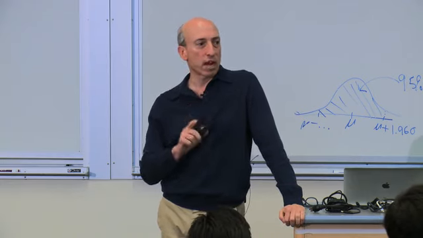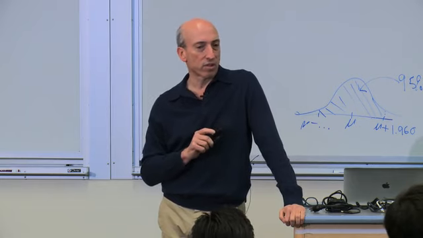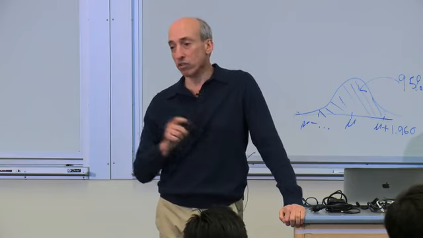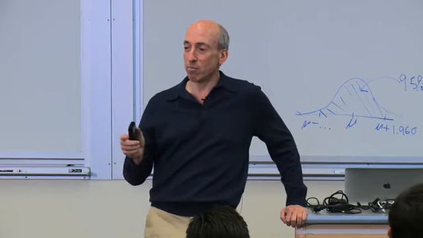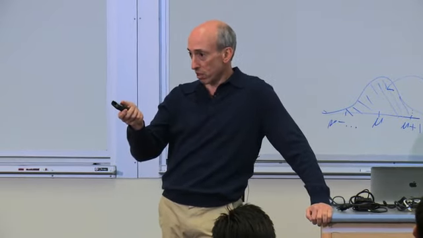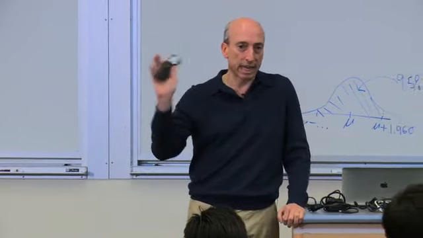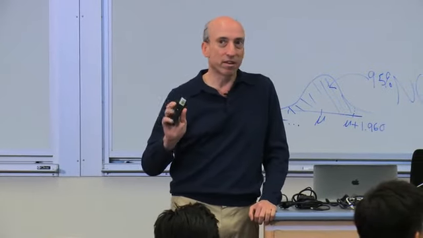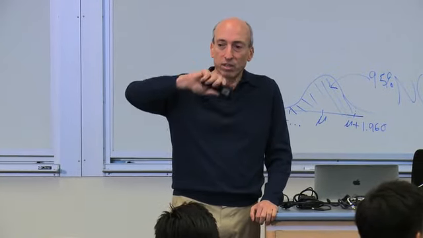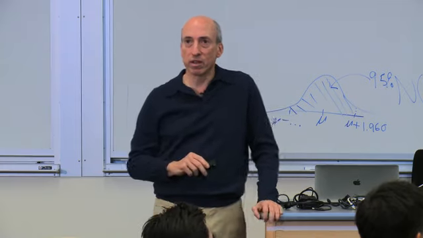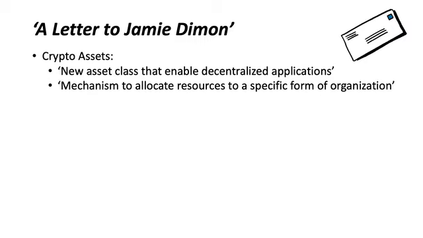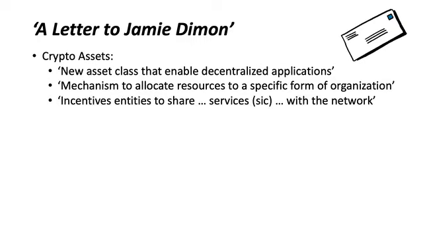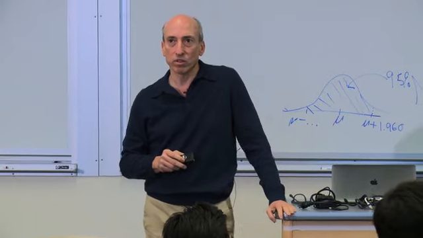It depends on how much you believe in decentralized applications. If you don't see a value in decentralized applications, Lubin said, all right, I get it, I'll agree with you, Mr. Dimon. But there is a benefit for decentralized applications and a mechanism to allocate resources to a specific organization. So some incentive way, some way to allocate resources.